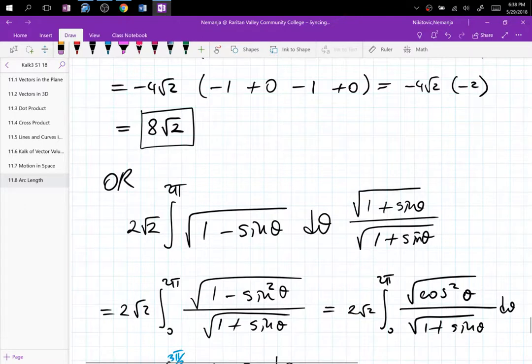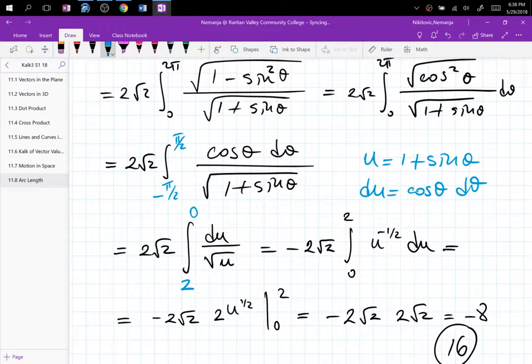So the limits over here, I used pi over 2 to 3 pi over 2. Oh, how about if we use negative pi over 2 to pi over 2? Would that fix it? So if I use negative pi over 2, sine, I think that fixes it.